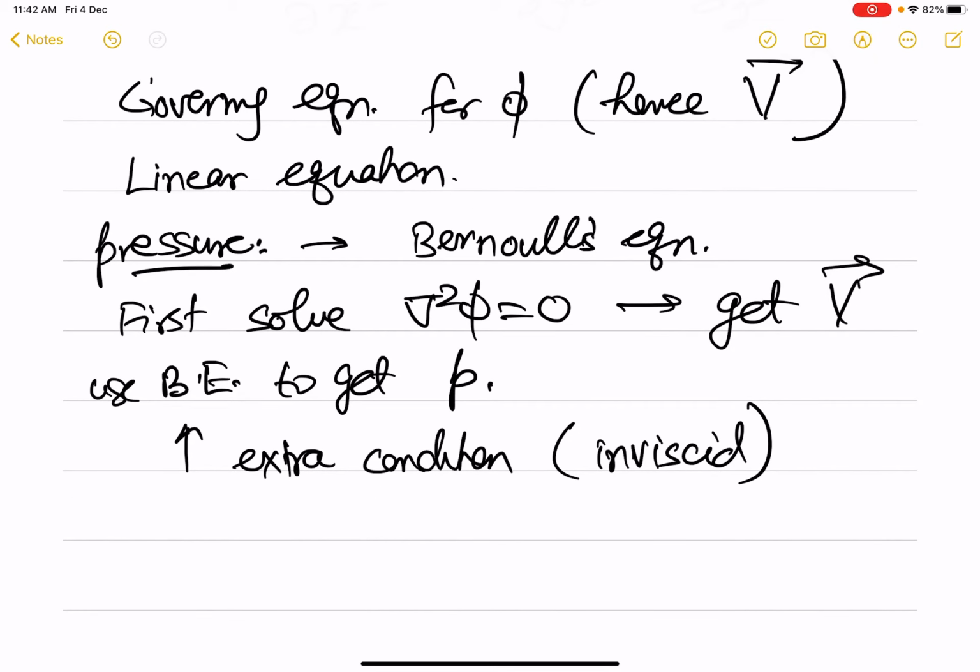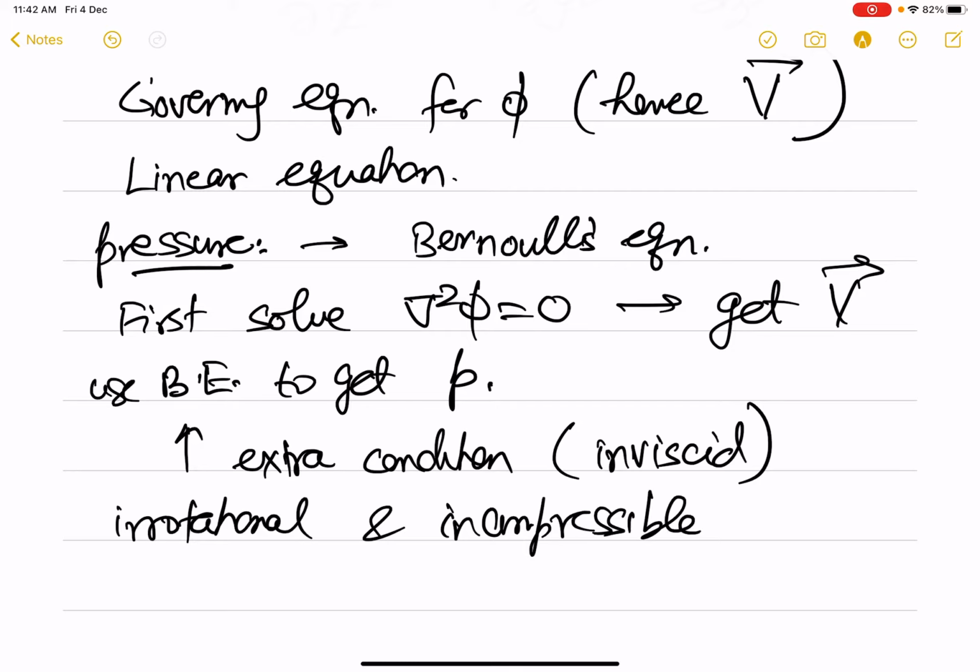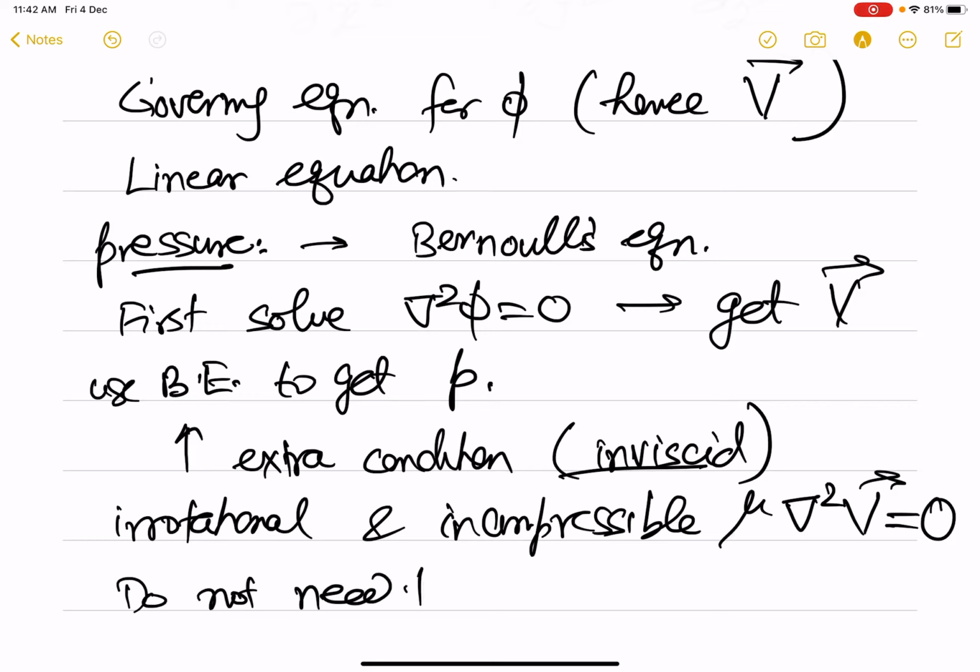But realize, because this flow is already irrotational and incompressible, the mu del square V term is already 0, so we do not need the condition mu is equal to 0. We can directly use Bernoulli's equation.